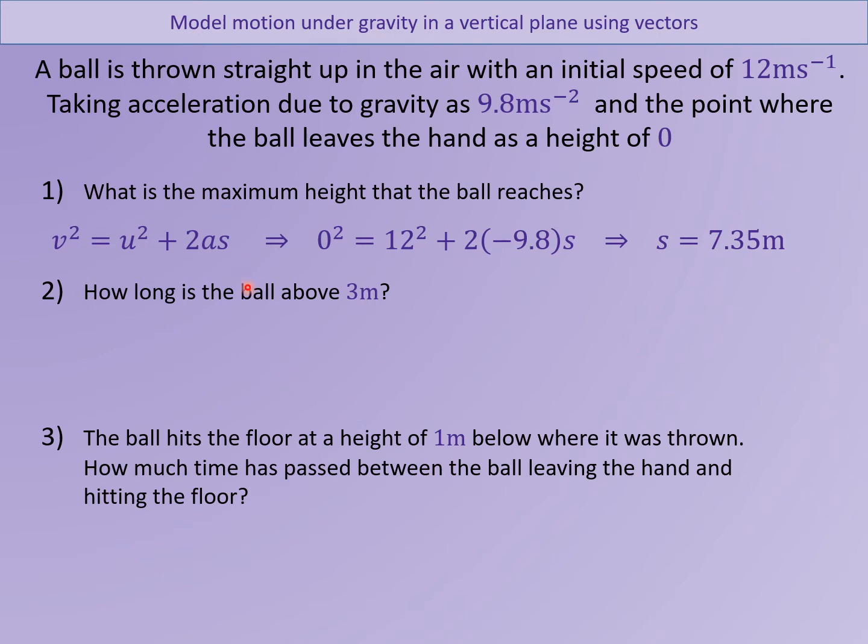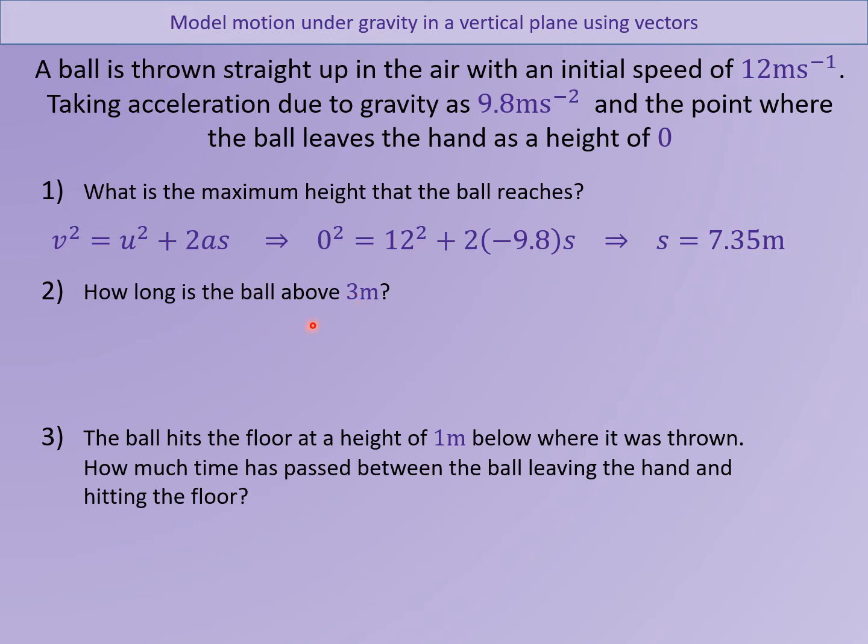What information do we know? We know the distance is 3, the initial velocity is 12, the acceleration is 9.8, and we want a time. So we're thinking about which equation doesn't have a final velocity. We don't know what velocity it's travelling at when it passes the 3 meter mark.